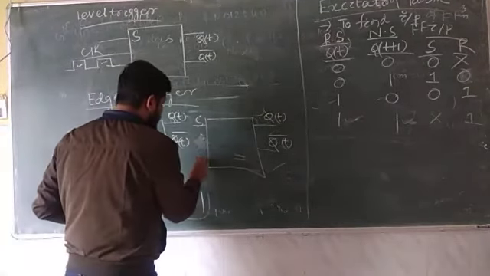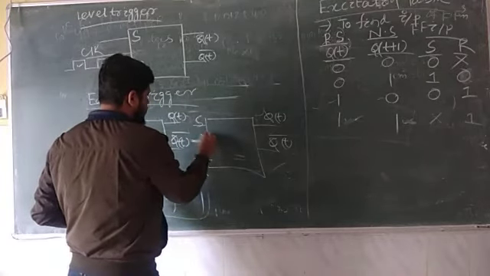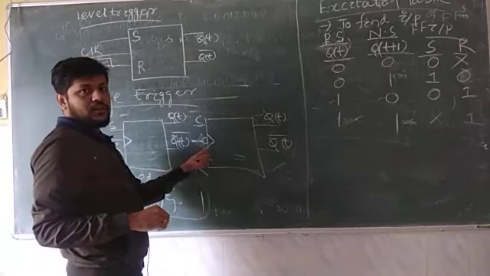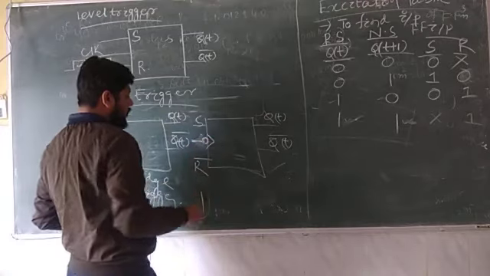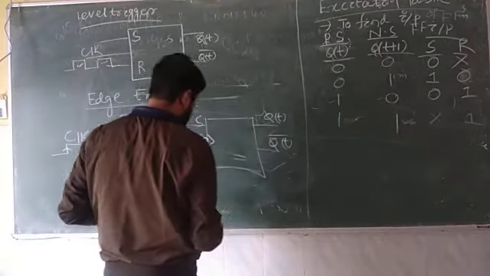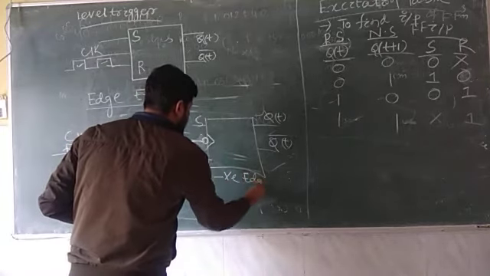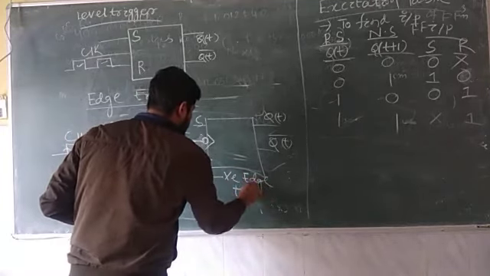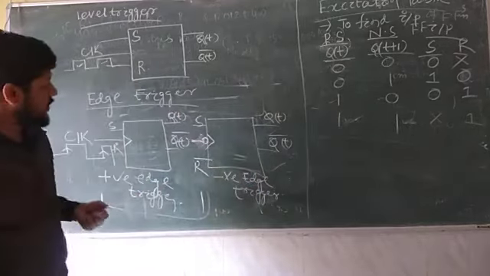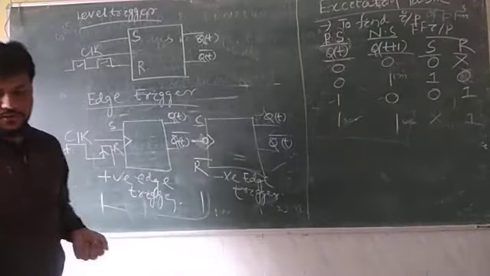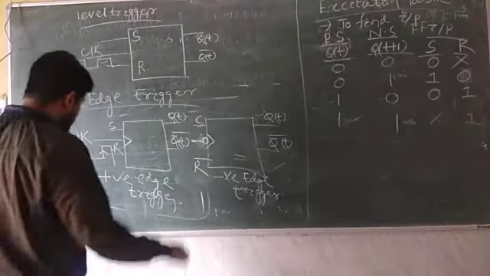Again here SR, and this is indicated as negative edge trigger. I have to put a bubble to indicate a negative edge trigger. So this is how we represent the SR flip-flop.